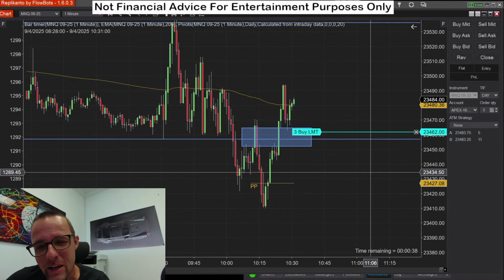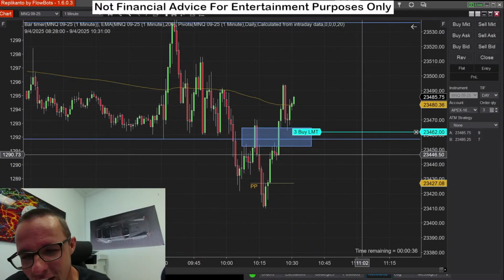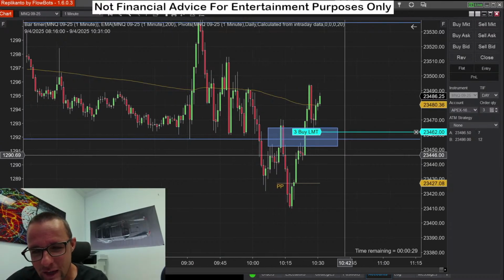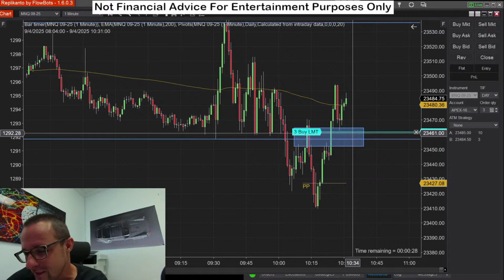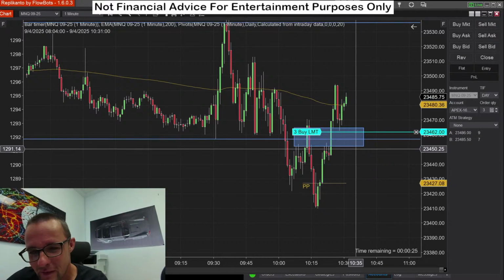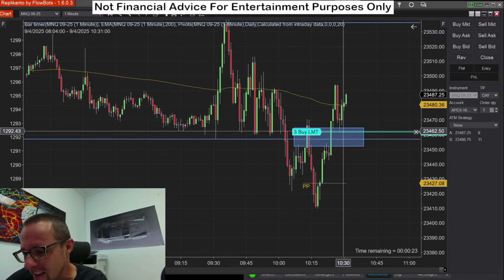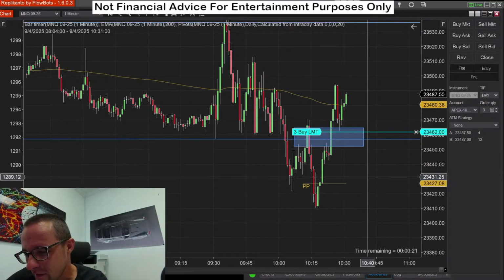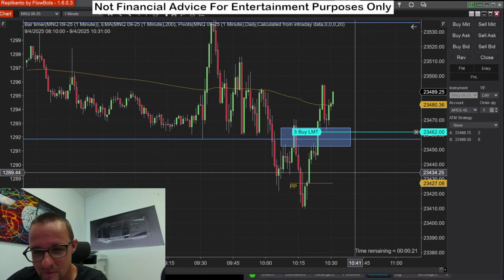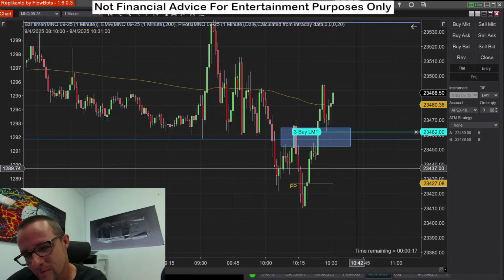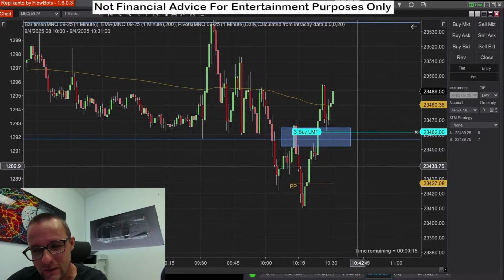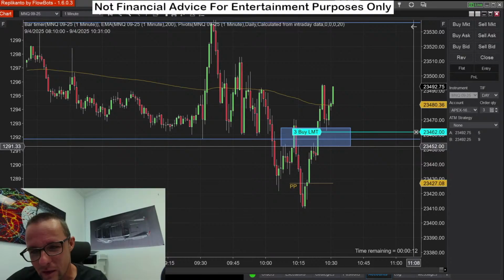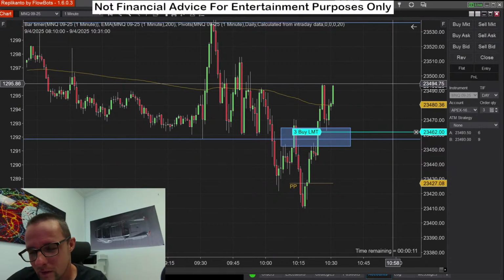Oh, don't leave me. Oh my gosh, it's leaving me. Look how close it was to filling me. Literally a tick away from filling me. And now it's leaving without me. Go into my TP.